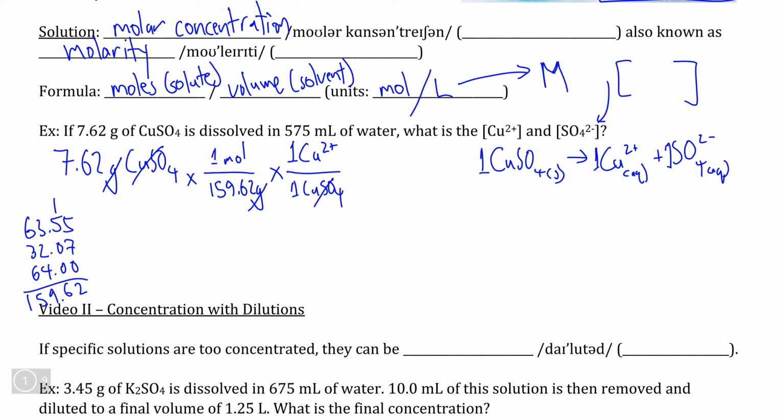Now that we've calculated the moles of copper 2 plus that we have, all that remains is to divide by the volume of our solution, which is 575 milliliters of water.